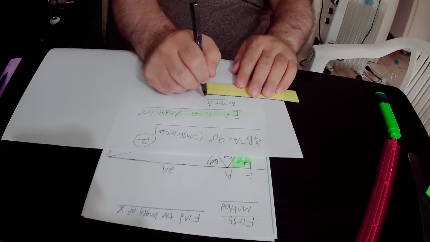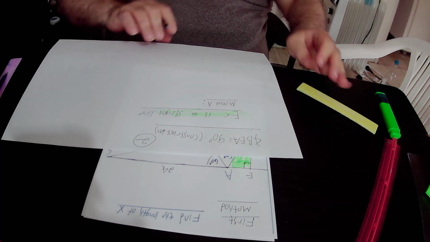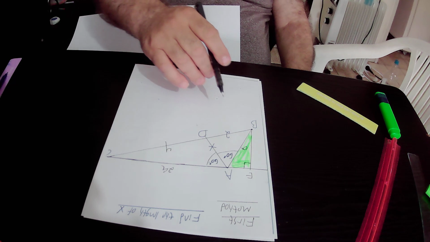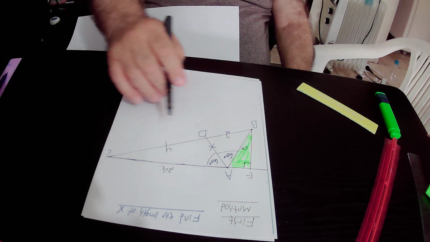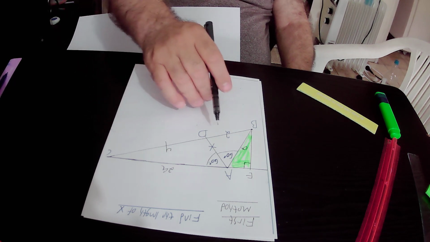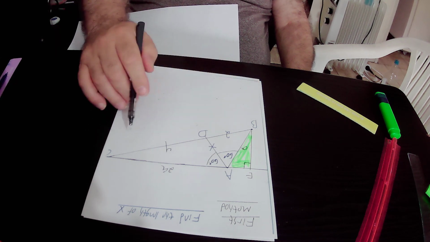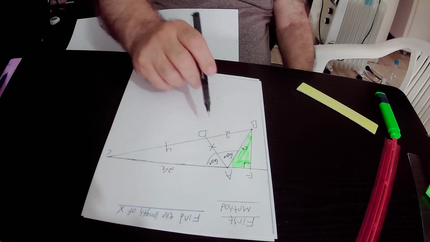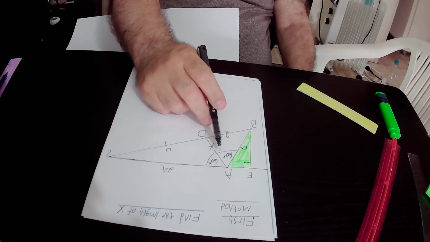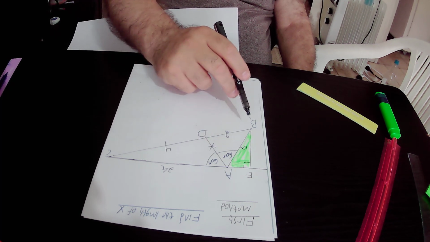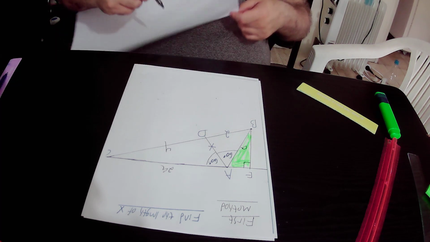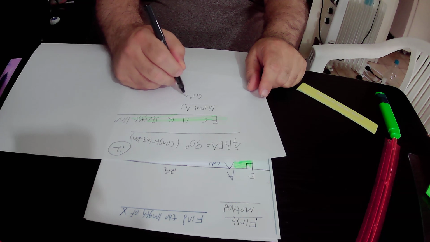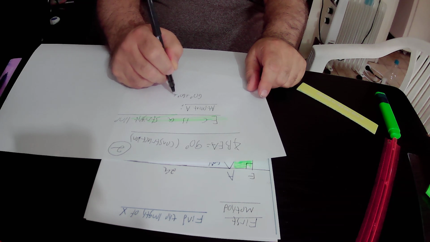so actually, if we focus on point A and the lower side of the straight line AC, which angles do we have here? We have 60 degrees plus 60 degrees plus angle BAE.